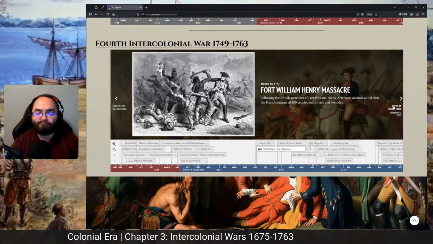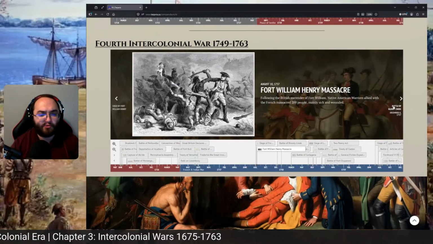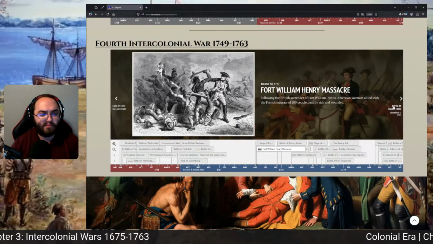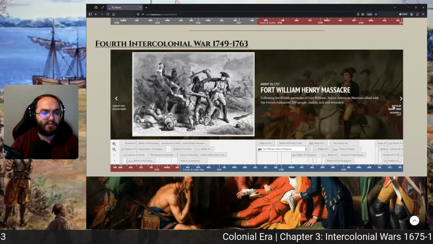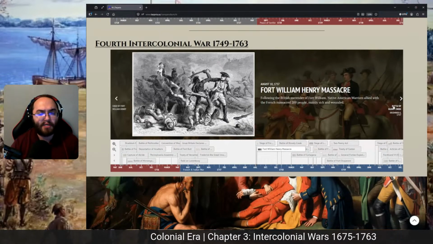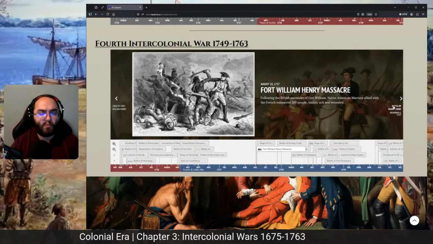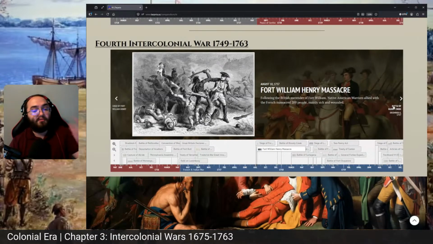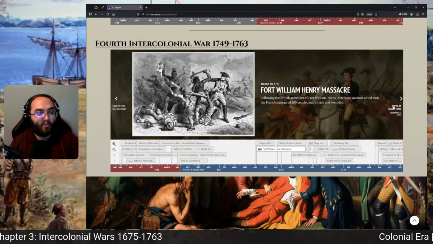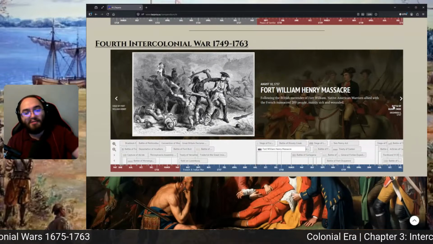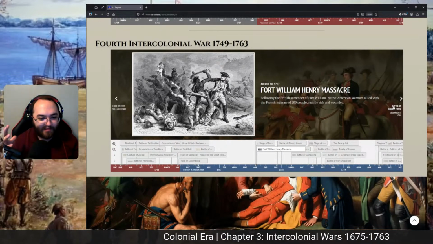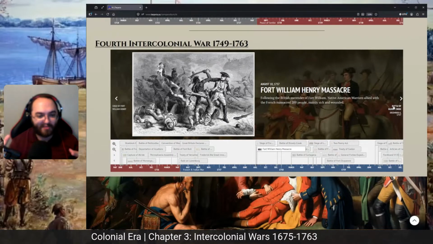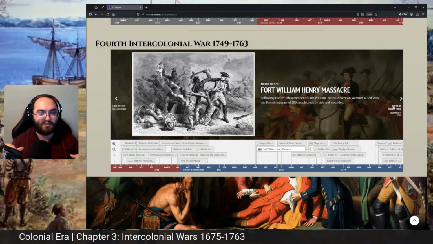It was probably because of years of native wars, of colonists massacring natives, natives massacring colonists, which leads to even more massacres, which will lead to even more. So it's this cyclical, repeating thing where one massacre justifies the next massacre, which justifies the next.